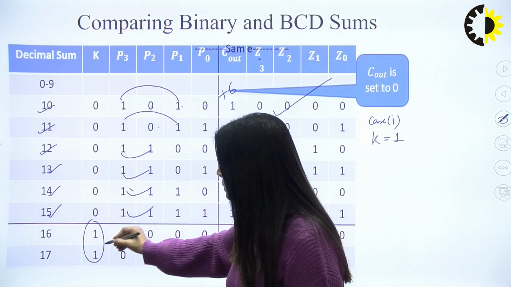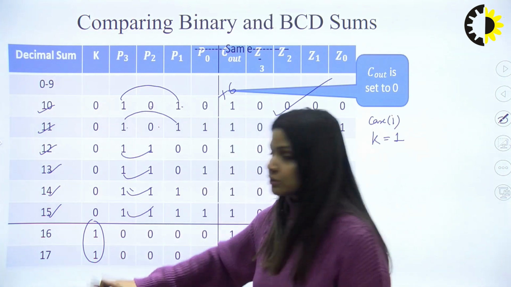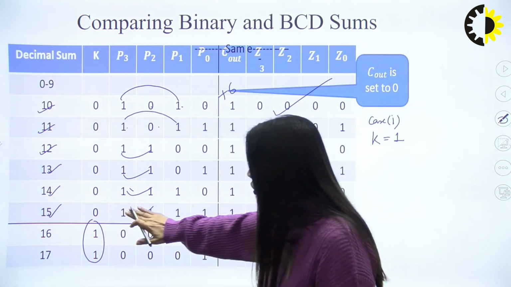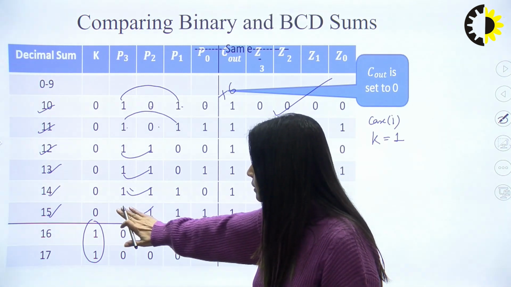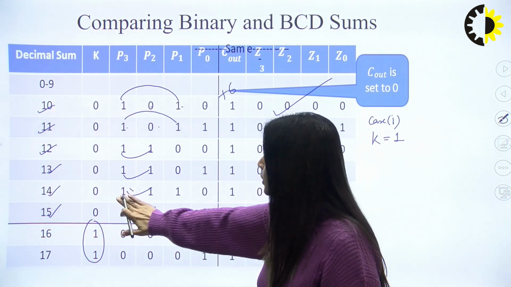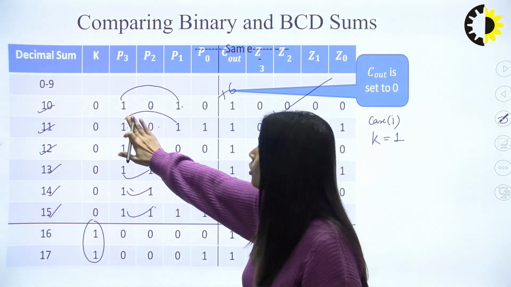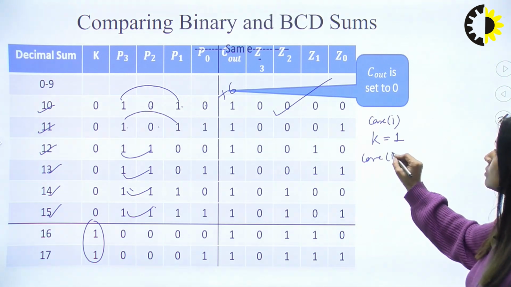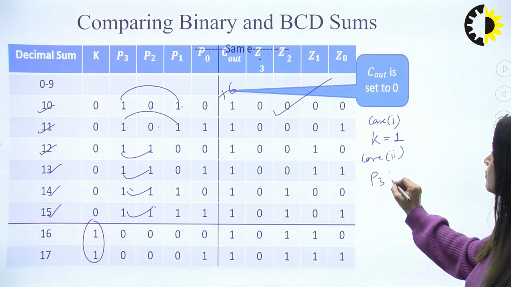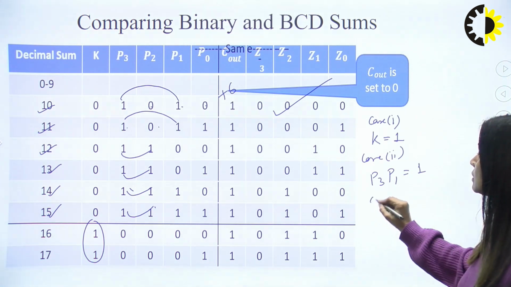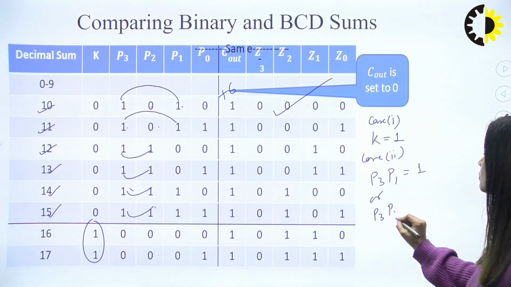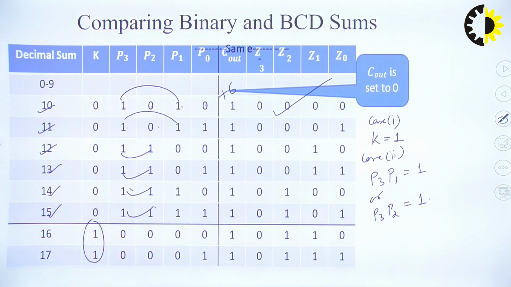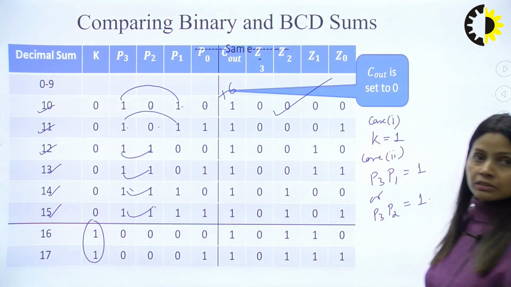This is either this k is 1, for these 2 cases will cover definitely, or the P2 P3 multiplication is 1 or P1 P3 multiplication is 1. So case 2, P3 P1 is equal to 1 or P3 P2 is equal to 1. So these are the references which I have taken care for the corrective actions.